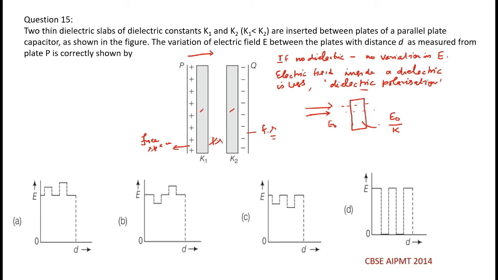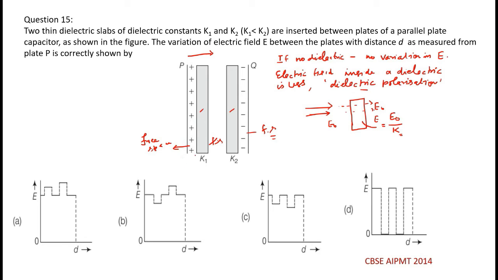That is, inside E is equal to E0 by K, outside E0, here also E0. Inside it will be less. I am not showing the complete picture of dielectric polarization, not even the induced charges, not necessary. What you have to understand: inside a dielectric, field will be less compared to the field outside, by a factor K, the dielectric constant of the medium.